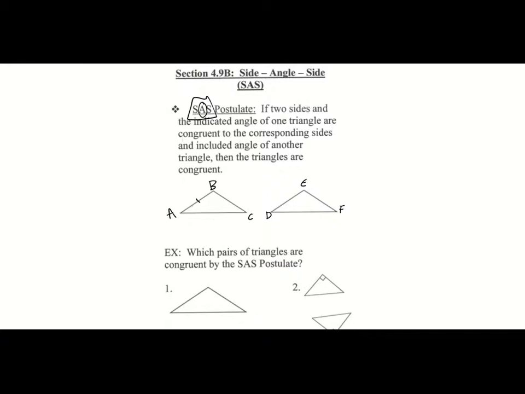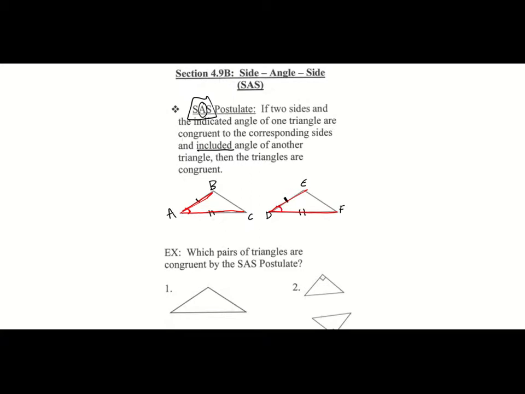If we know these sides are the same and these sides are the same, the included angle is the angle where our two sides come together, which is right here at angle A and right here at angle D.